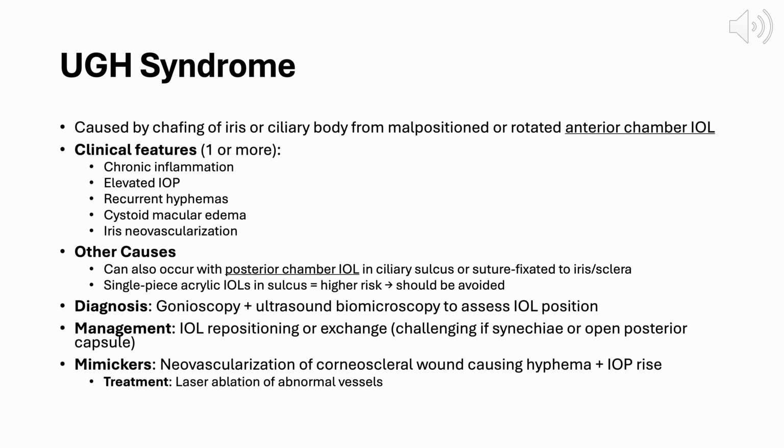Although anterior chamber lenses are the classic culprit, UG can also occur with posterior chamber lenses placed in the ciliary sulcus or sutured to the iris or sclera. Single-piece acrylic lenses in the sulcus carry particularly high risk and should be avoided.